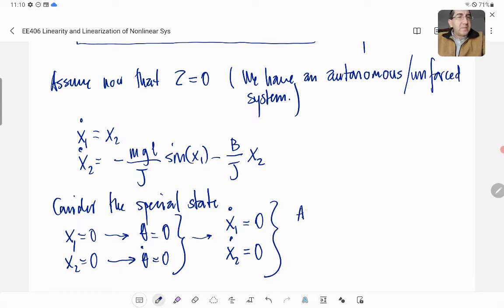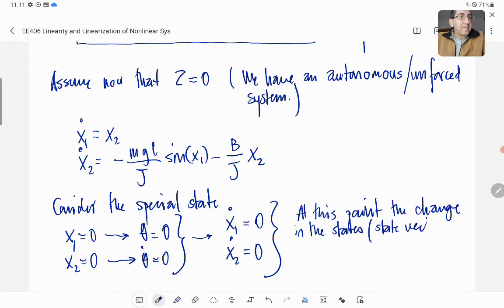At this point, the change in the state vector, which is the derivative, is 0.